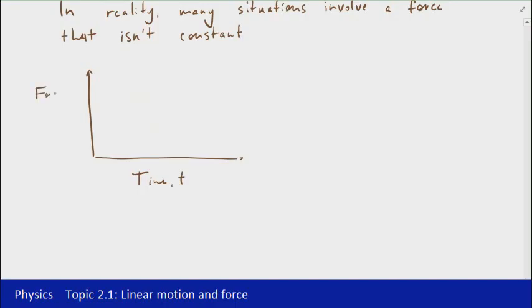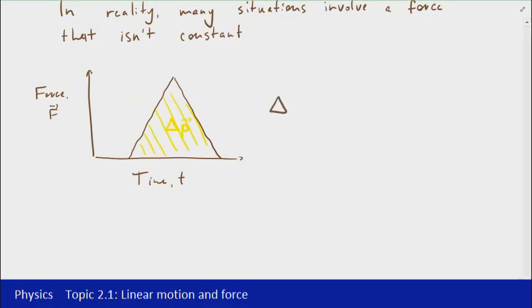The force will vary, so what we would expect to see is the force increasing to a maximum and then decreasing back down again. Again though, we could calculate the area under that graph to figure out the change in momentum that would occur as you push off the ground to jump up into the air.